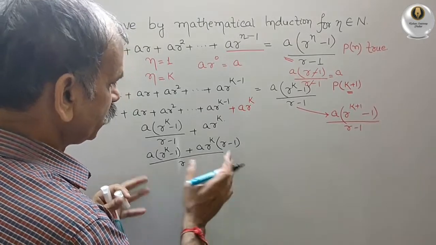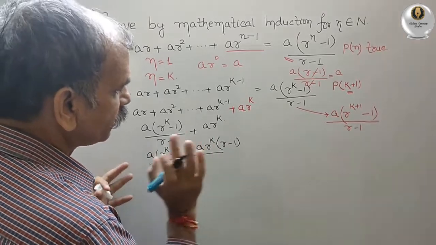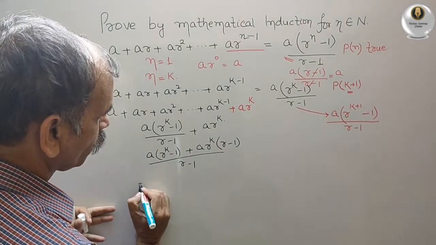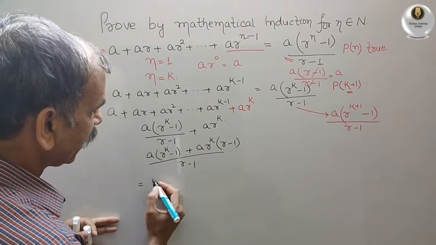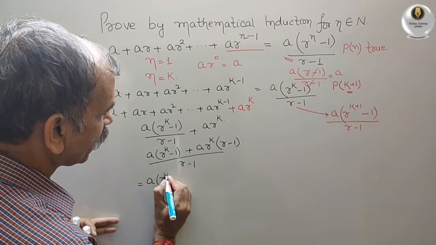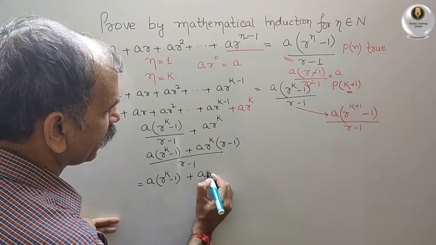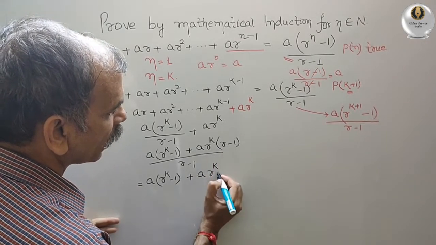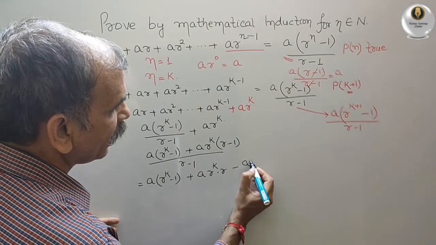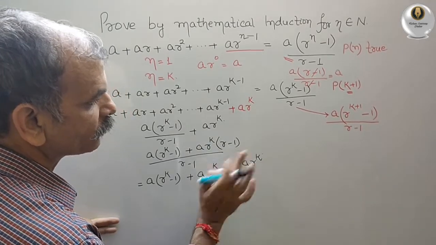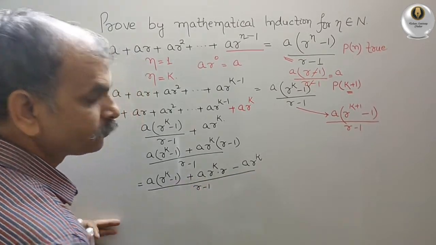Now solve this. What you will get? Just see that. If you solve this, we will get a r^k minus a, plus a r^k into r, minus a r^k, by r minus 1.